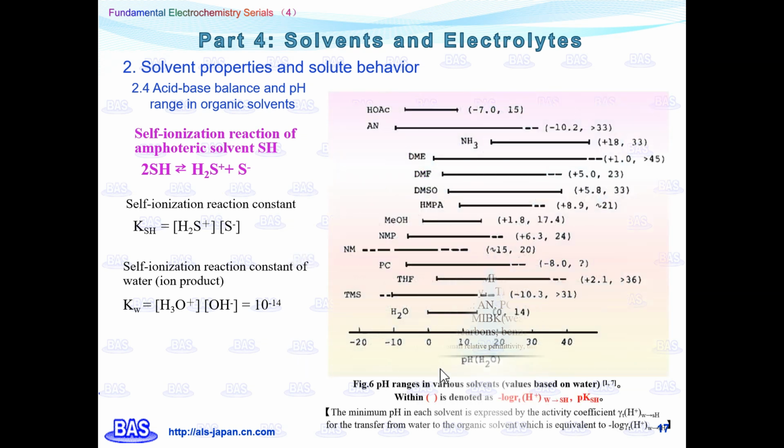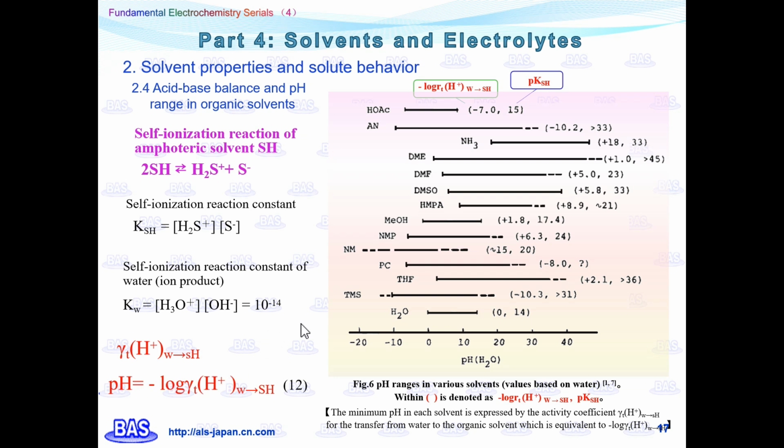The pH value is based on the aqueous solution, and the minimum pH value in each solvent is expressed by the activity coefficient of hydrogen ion transfer from water to organic solvent, which is equivalent as shown in equation 12.